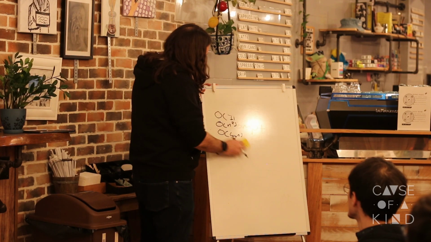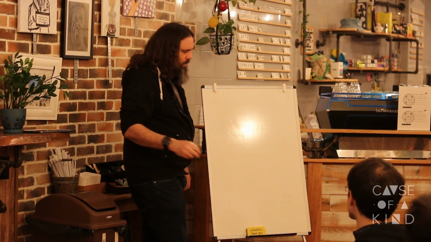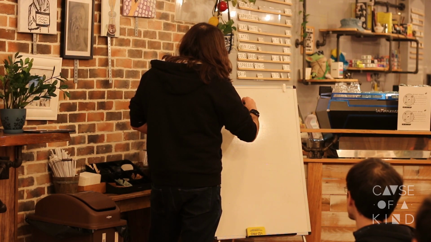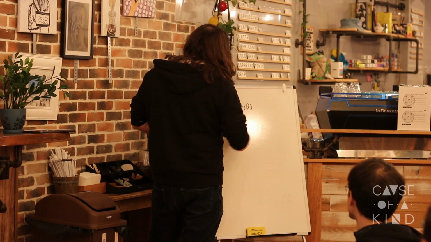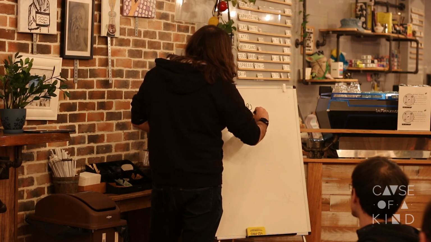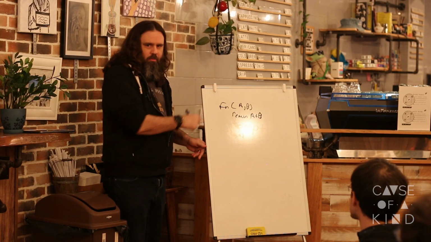I'm going to give an example right here, because I put this out on Twitter back when I had a Twitter. I have a function that takes an A and B, and it returns A plus B. Now, based on what I just said, what would the Big O for this be?